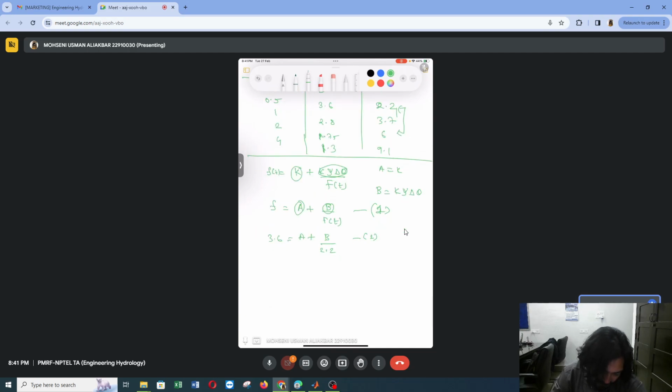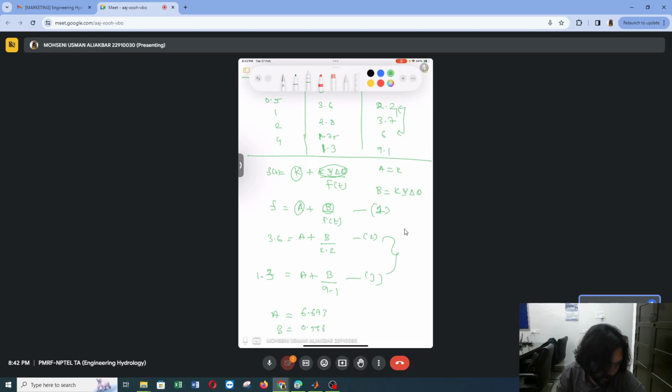The next value we are taking is 1.3 equals a plus b divided by 9.1, this is equation 3. Now if we solve these two equations, we'll get the values of a and b. If we solve them, we get the value of a as 6.637 and b as 0.566.